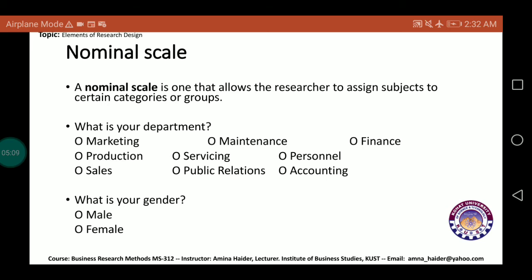He has to choose between male and female. Hence, the variables are used as tags, and the answer to this question should be either male or female.